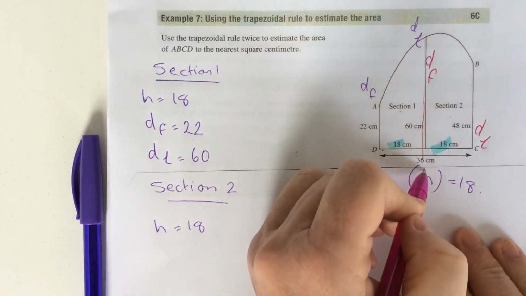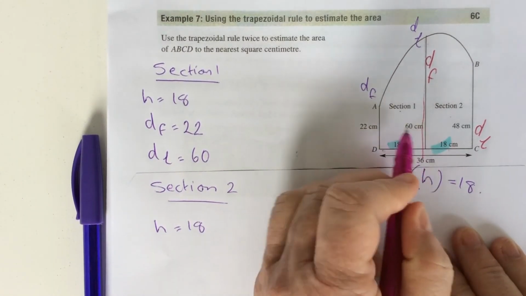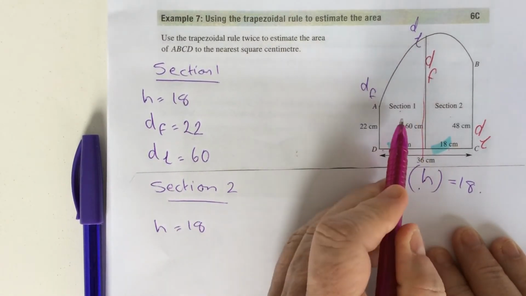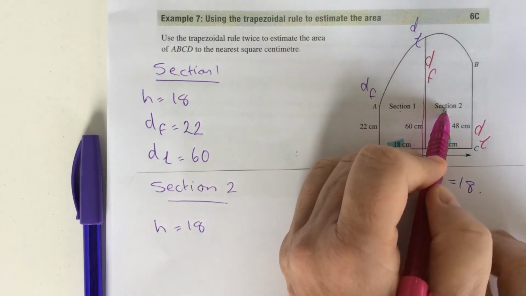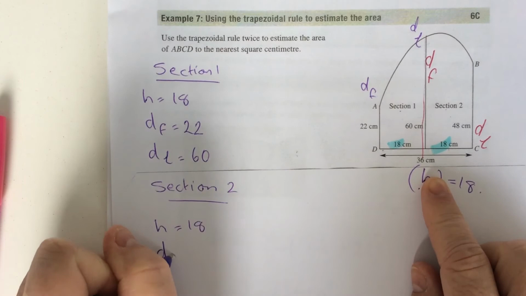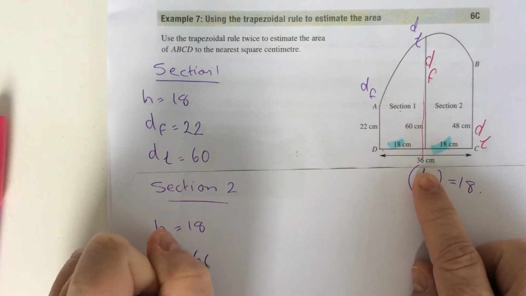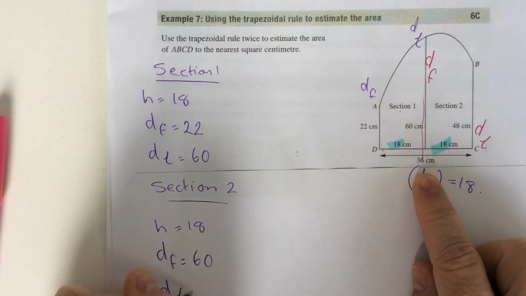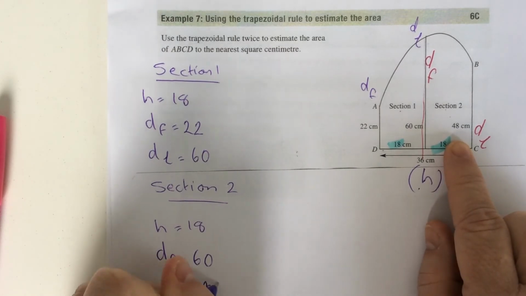So notice this line in the middle is used for both parts of the question. It's a DL in section 1 and it's a DF in section 2. So going back over here, we now have the DF will be 60 and the DL will be 48.